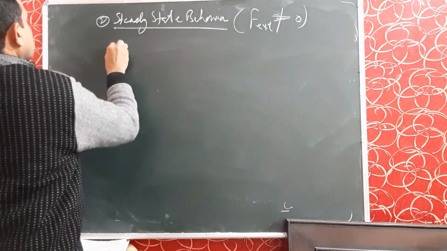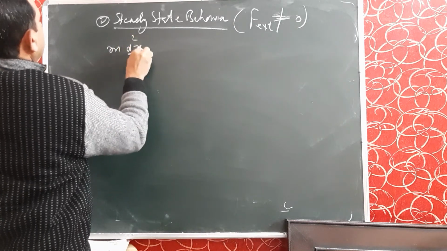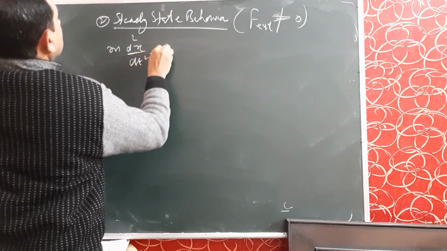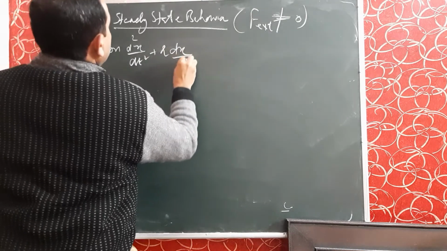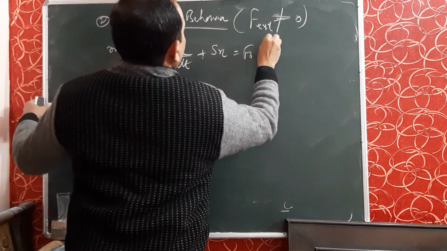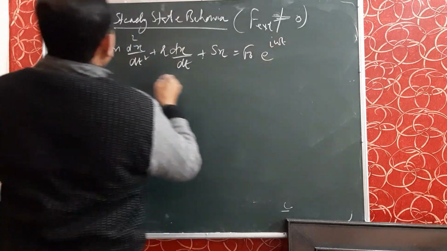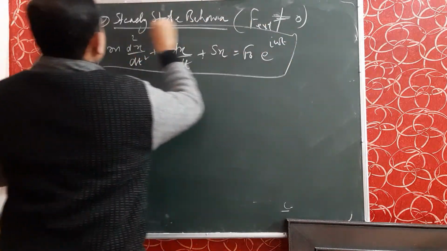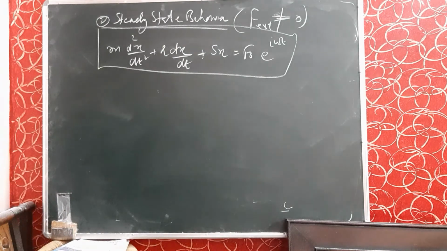So the equation is m d square x upon dt square plus r dx by dt plus sx is equal to f naught e raised to power iota omega t. This is the equation for steady state behavior, and we will solve this equation in detail and find out the different possibilities from this equation.